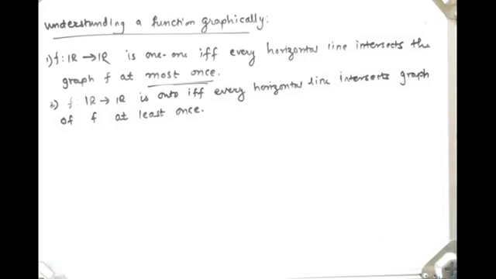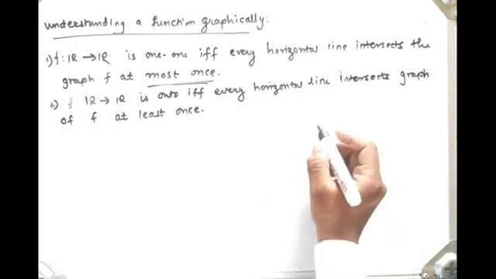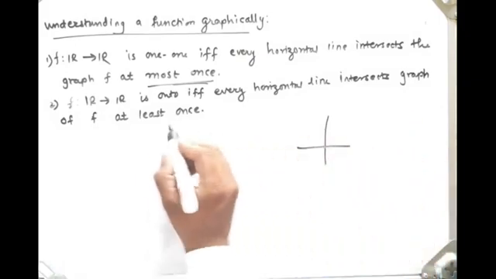At least once means what? More than one. The graph should cut at more than one point, which means at least one.